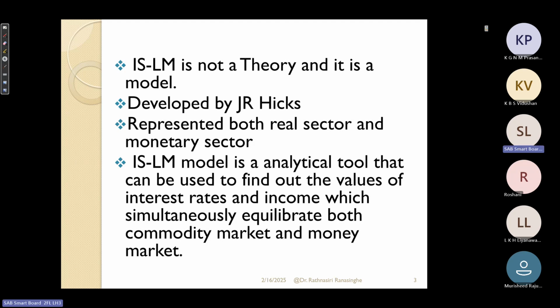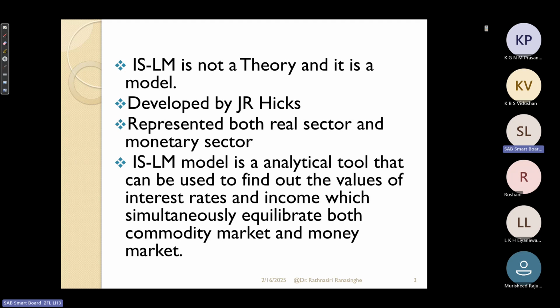The earlier Keynesian theory represented only the real sector, but here we look at both sectors at a particular time, and how the equilibrium is determined. That is very important when explaining overall economic behavior: looking at the real sector and the monetary sector, the goods market and the financial market, and their interactions, because these two sectors are interrelated.